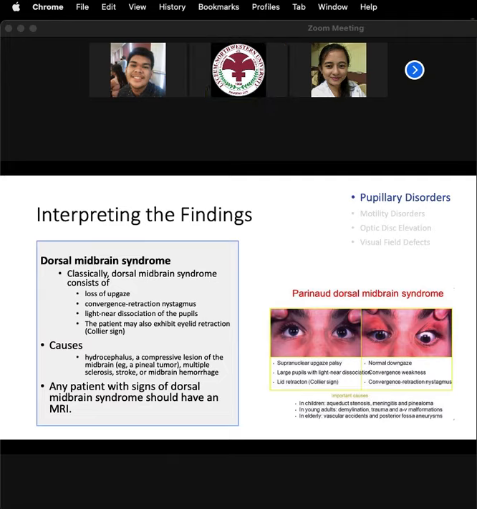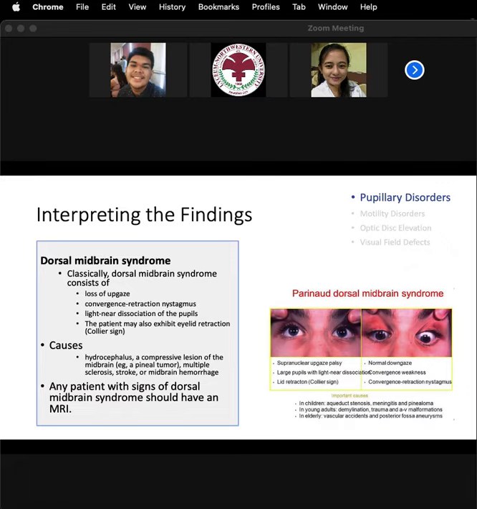When you have a compression or damage of the upper brainstem, it can cause a cluster of ocular findings known as the dorsal midbrain syndrome. The syndrome consists of loss of upgaze, convergence retraction nystagmus, light near dissociation of pupils, and it may also exhibit the Collier sign.